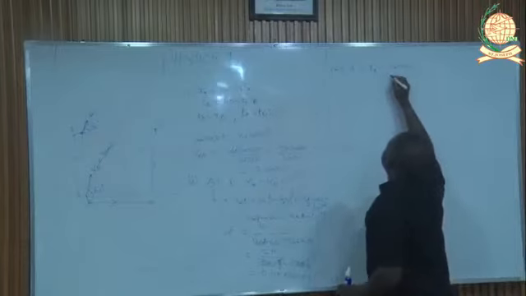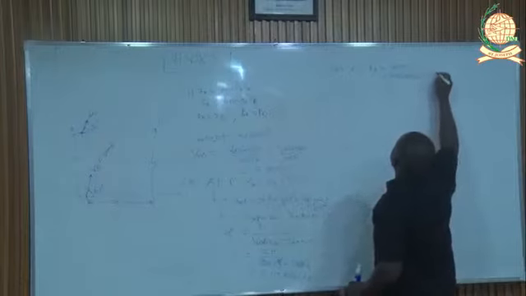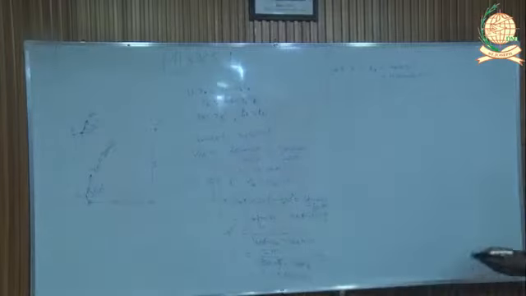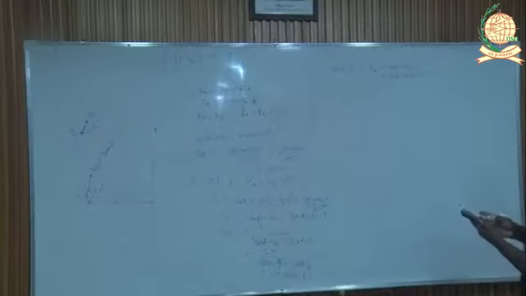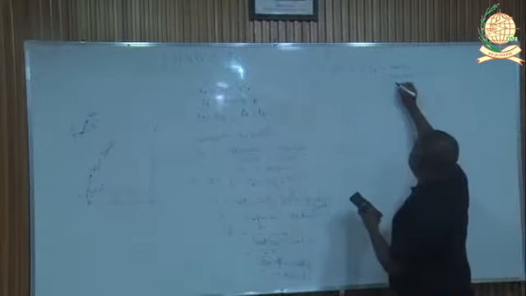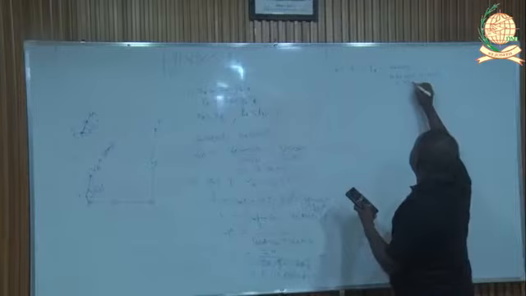So this is equal to 17.32 cos of 30 times time, which is 0.115. Then you get this distance, 1.73 meters.